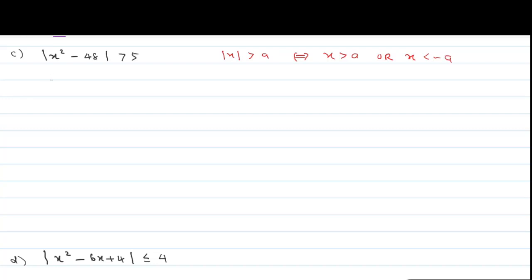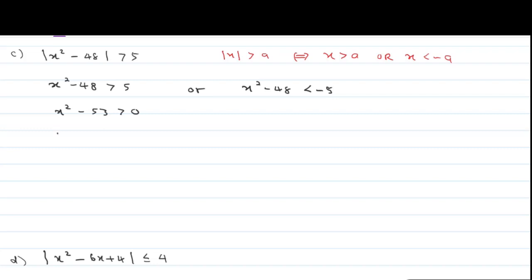So when we define the inequality, it becomes x squared minus 48 greater than 5 or x squared minus 48 less than negative 5. Remember, for quadratic inequalities, the first step is to make sure the right side is 0. So here we have x squared minus 53 greater than 0.